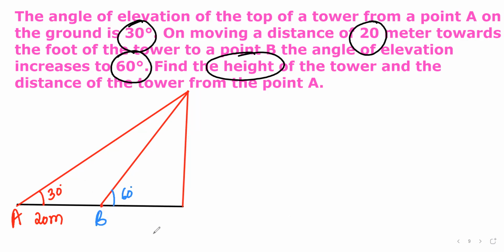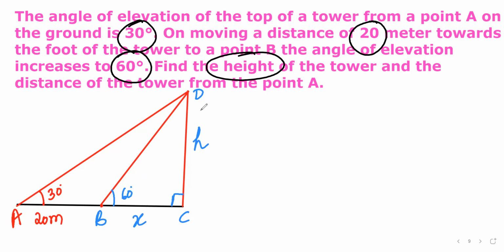I'll call it point B, and I'll call this point C, and the tower is perpendicular to the ground. This is D and this is the height H. We have to find the height H of the tower, right? And from B to C, let me take the distance as X.